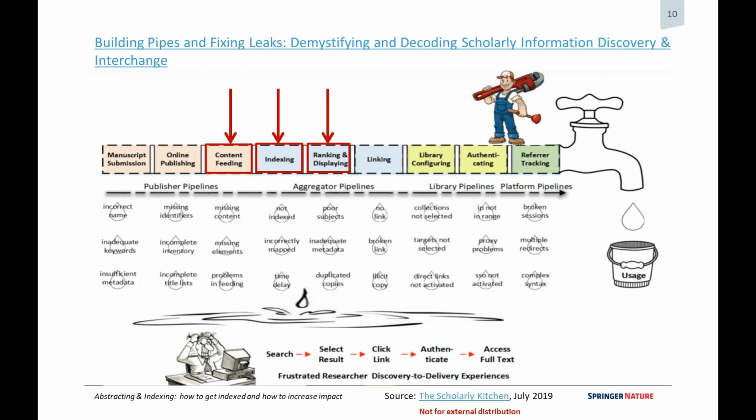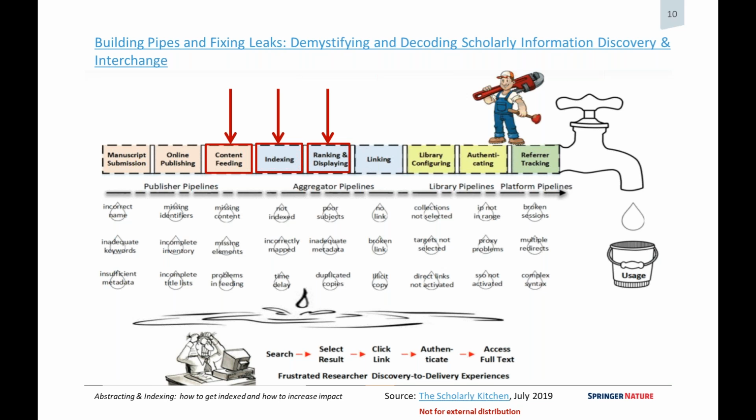I love this graphic, and this is from The Scholarly Kitchen, a scholarly community platform where blogs are posted on a daily basis and important issues are discussed. This is one of the blog posts, and I love this graphic because it very nicely portrays the work involved in the entire ANI process as well as the discovery process.